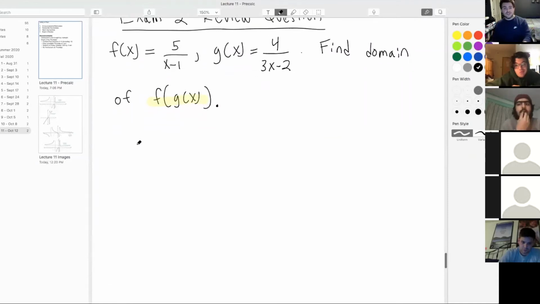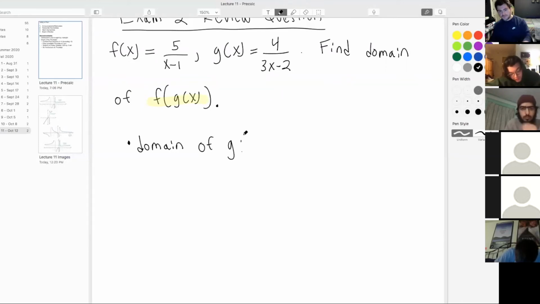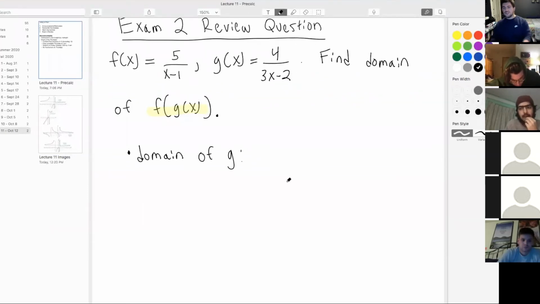So the first thing you need to do is find the domain of the inner function g. The domain of g: we have a rational function, 4 over 3x minus 2, and we need to make sure that the denominator is never 0. You cannot divide by 0.